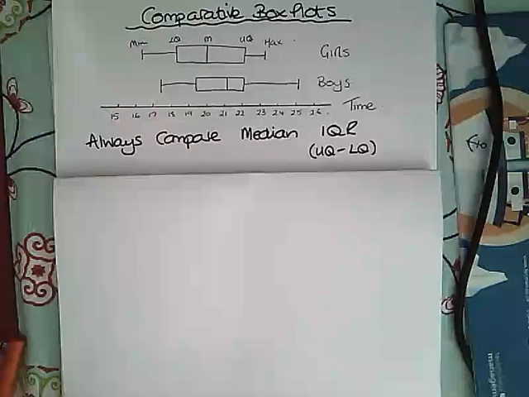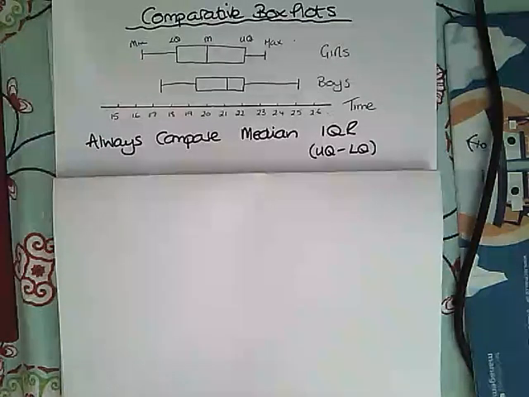Now, when you are asked to compare box plots or talk about the distributions of the data and you are given box plots, then there are two things that you must always compare. You can compare other things, and I'll go on to that at the end of the video, but you must compare these two things because generally that's what the marks are for.